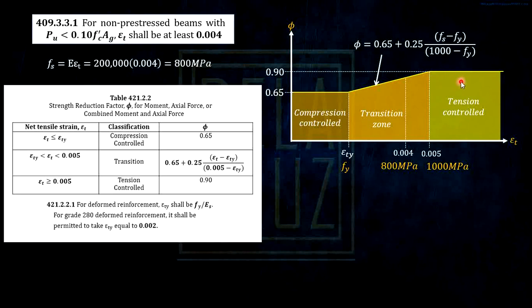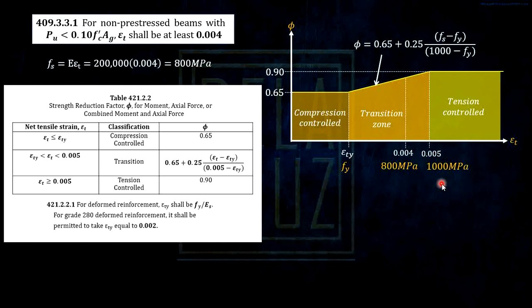Now, for simplicity of design, it is advisable to use the reduction factor of 0.9 to ensure ductility. What follows is that the strain of steel should be greater than 0.005 if we use 0.9, of course. Or in terms of stress, Fs should be greater than or equal to 1000 megapascal.